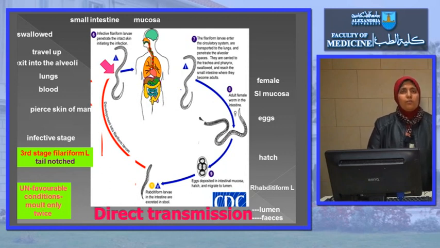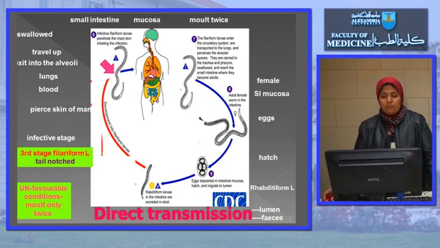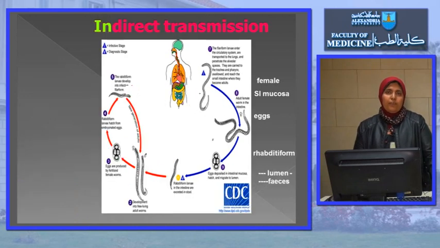They will be swallowed, and they will pass through the small intestine until they reach their habitat, which is the small intestine, and there they will make another 2 molts to form the adult, where it will inhabit the intestine. This is the direct mode of transmission without passing through an adult stage in the free soil.